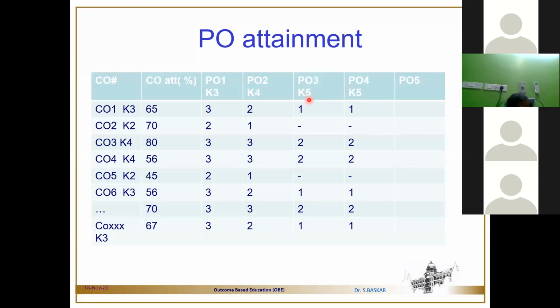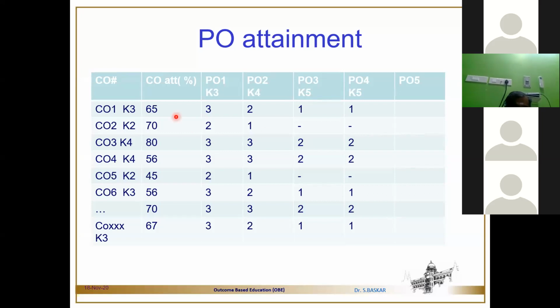What is CO-PO mapping? Let us assume that in a typical 4 years program, students are studying 60 plus courses. Let us also assume that for each course, there are 6 COs. Therefore, in total, we'll be having 360 COs. We are assessing the student performance in 360 COs.